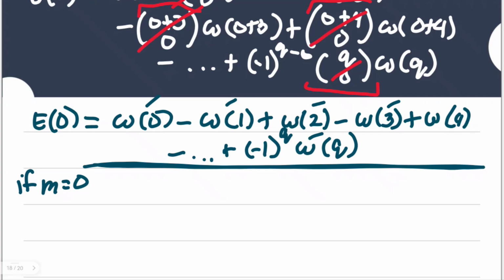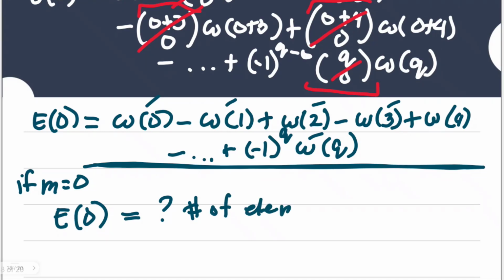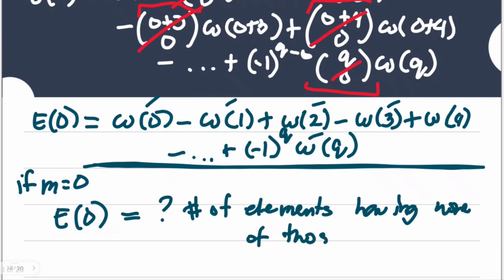So what does this imply? E of 0 means the number of elements having none of those q properties.